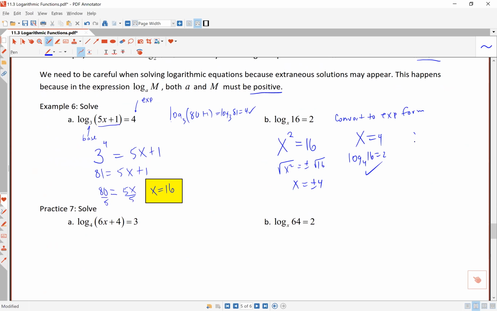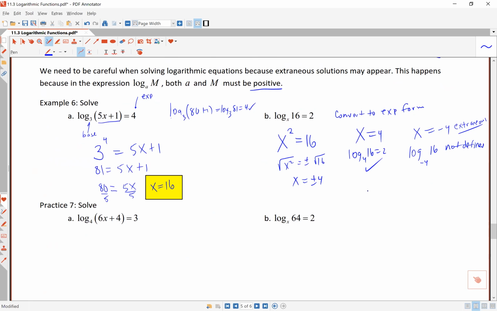That's good. But if you say x is negative 4, that's the log base negative 4 of 16, which is not defined. Here's this extraneous solution. So the only solution to this is x equals 4.